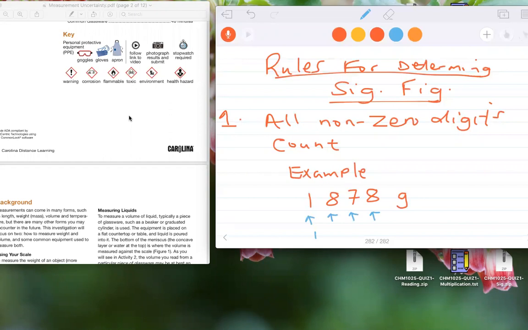So this has 4 significant figures. That's how you count. All non-zero digits count as significant digits.